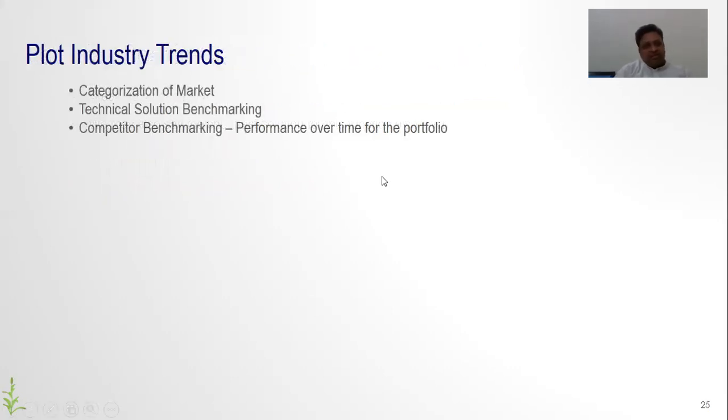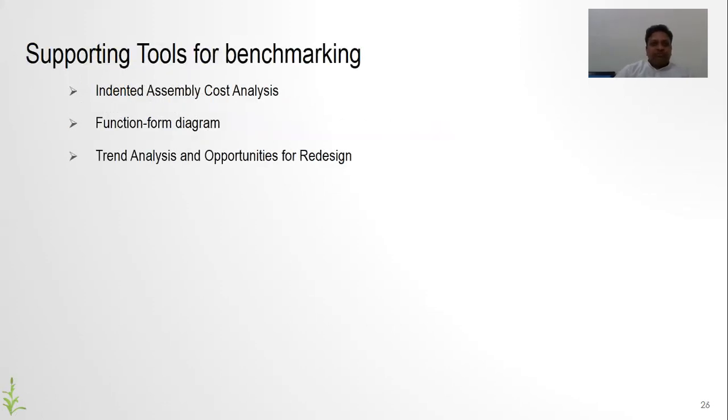Plot industry trends: categorization of the market, technical solution benchmarking, competitor benchmarking, performance over time for the portfolio. Supporting tools for benchmarking: intended assembly, cost analysis, function-form diagram, trend analysis, and opportunities for a redesign.